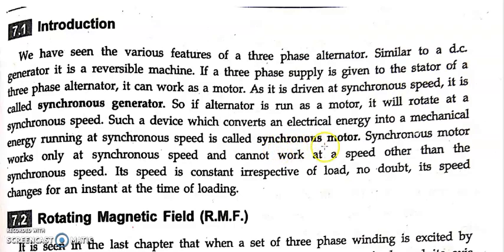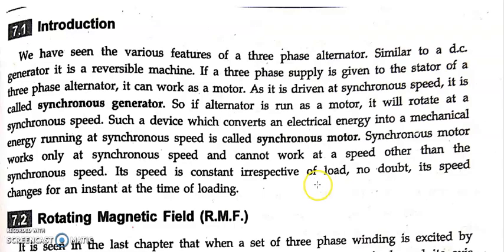But in the synchronous motor, what happens? There is no difference of speed between the stator speed and the rotor speed. So S is literally equal to 0. So your motor always runs at constant speed irrespective of the load condition. It doesn't matter whether you load or unload it, your speed will always be constant.